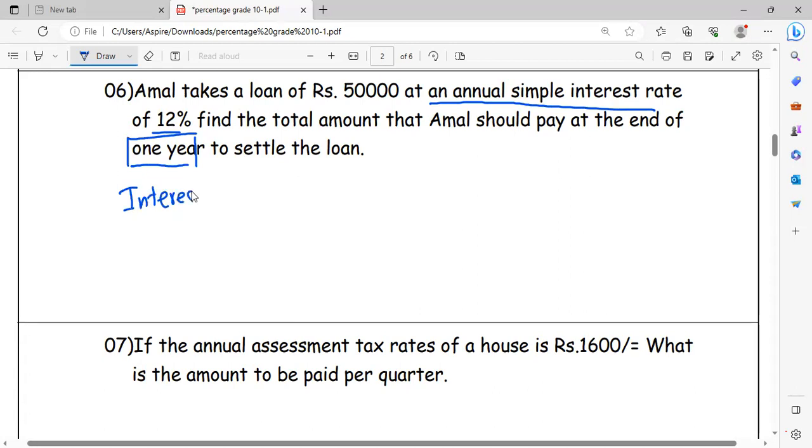You have to find the interest. Interest is equal to percentage of loan amount.